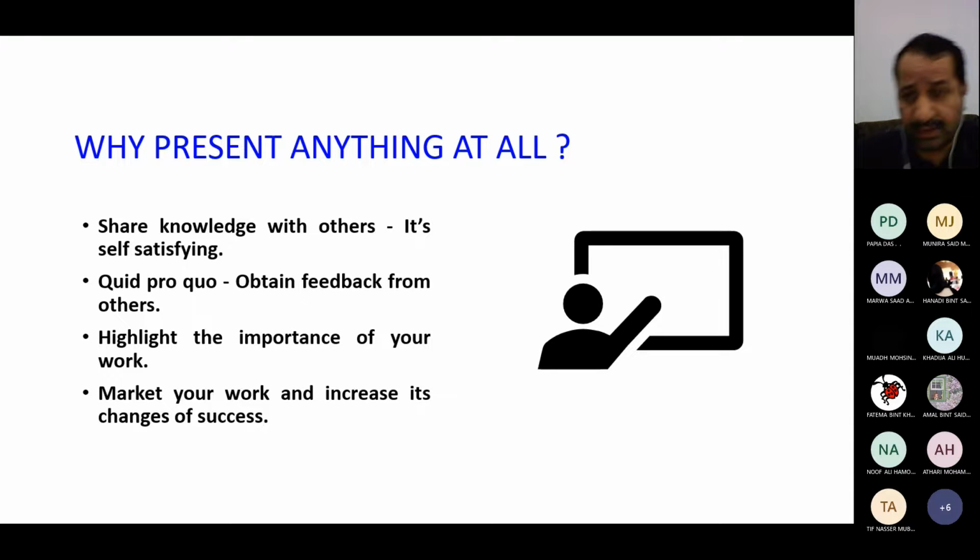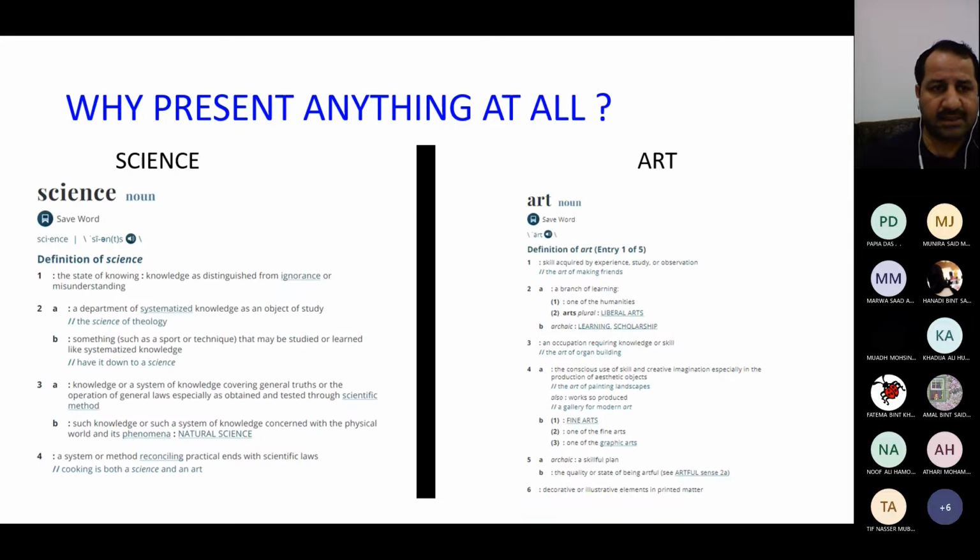In the thesis, you need to present your information, and in the final or interim presentation, you will present your information too. So make sure that you show these achievements. Market your work and increase the exchange of success.